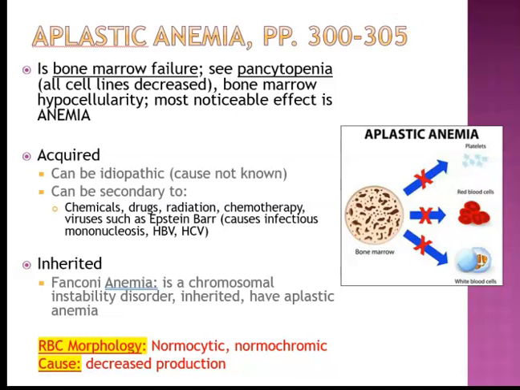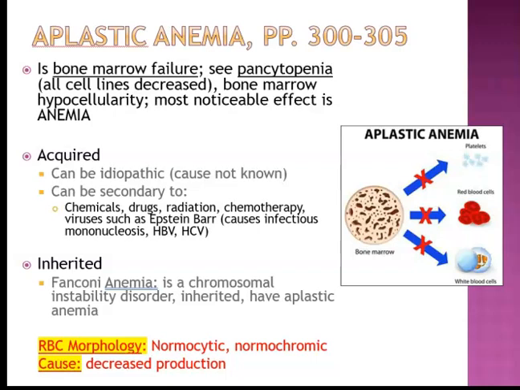Another way you can end up with aplastic anemia is through an inherited disorder called Fanconi anemia. This is a chromosomal instability disorder. And if you look down at the bottom of the slide, you'll need to make sure that you remember this information in red.